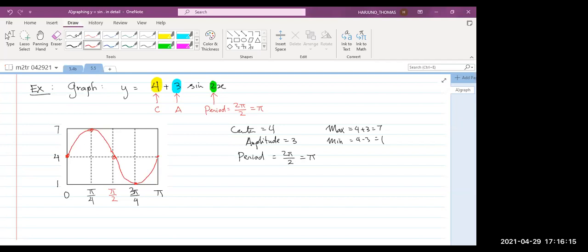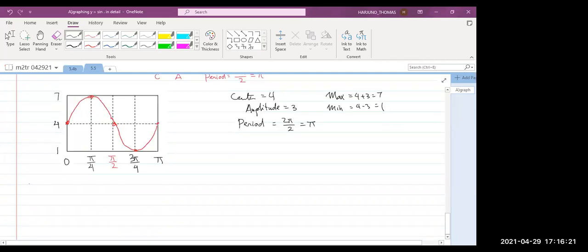Let's do one more like this. Suppose I have, for example, graph y equals -3 minus 2 cosine x over 4.